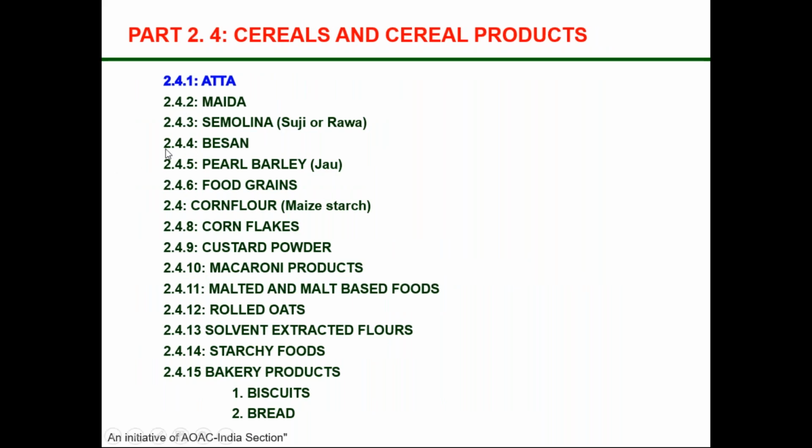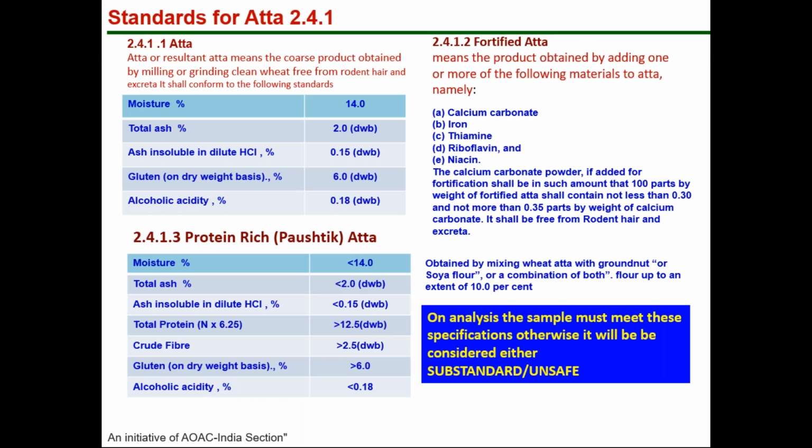And under each one, you may have another category, so it becomes 2.4.1.1, 2.4.1.2, and so on. This type of numbering allows any new products under that category to be added to the food product standards. So if you look at atta, atta comes under 2.4.1.1.